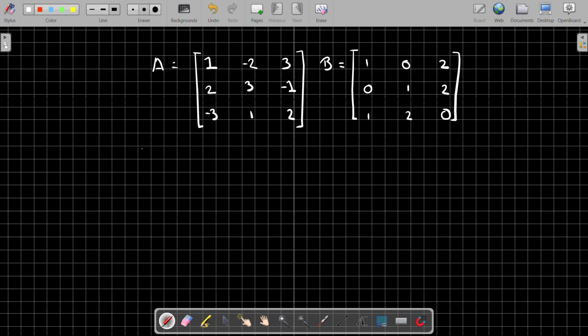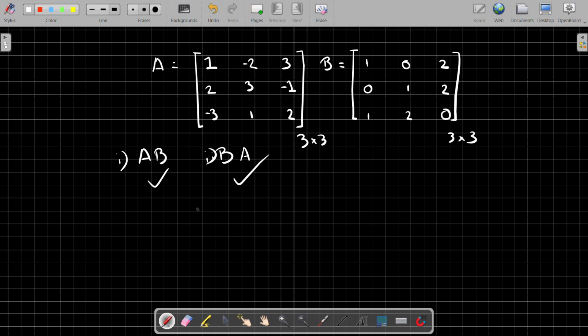So again, if they are possible, and what are their values. So in both cases, the matrix order is 3 by 3. So multiplying them in both the orders is possible. So now let's start calculating.